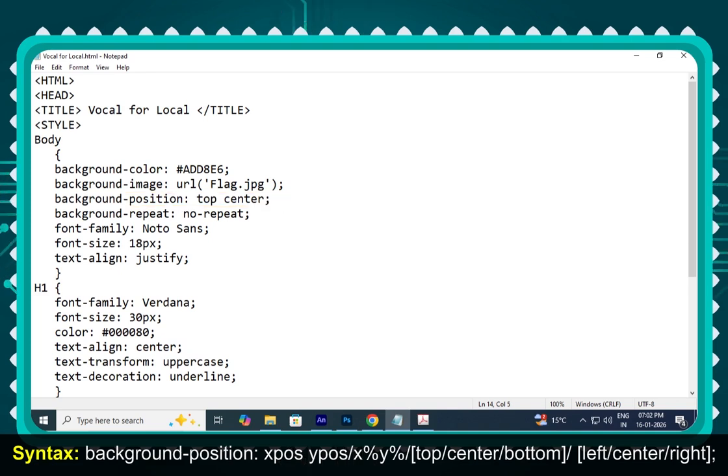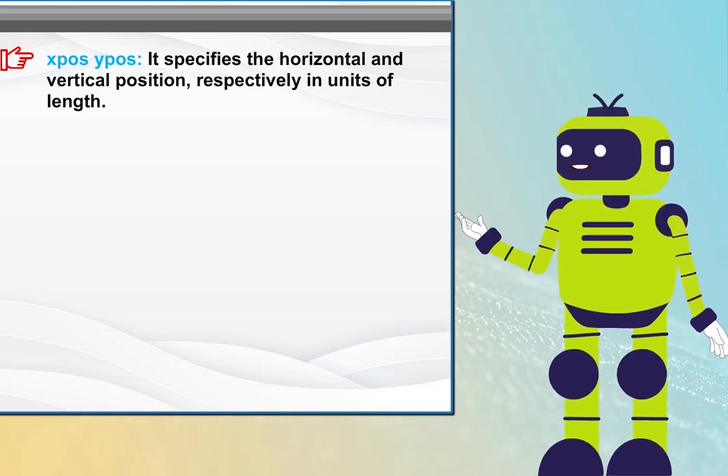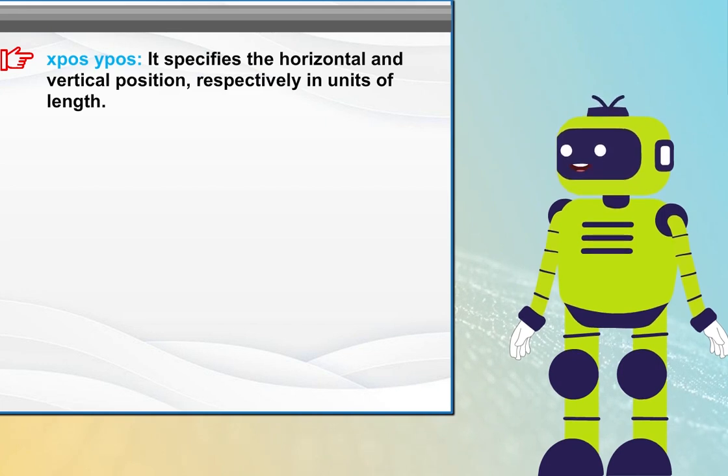Syntax: background position. XPOS, YPOS, or X percentile, Y percentile, or top or center or bottom, or left or center or right. XPOS, YPOS specify the horizontal and vertical position, respectively, in units of length.